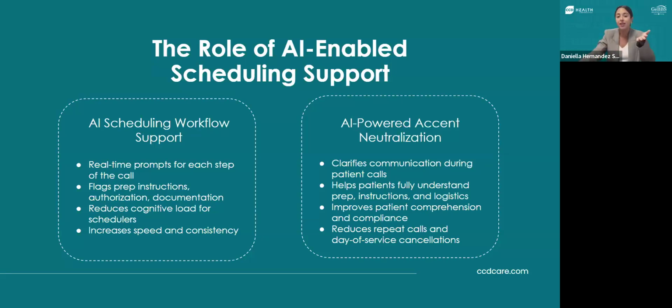In other words, the system helps ensure critical steps are never missed. And the result is not just accuracy, it's also speed, confidence, and an excellent patient journey. Schedulers spend less time searching for answers and more time focusing on the patient, on that person.